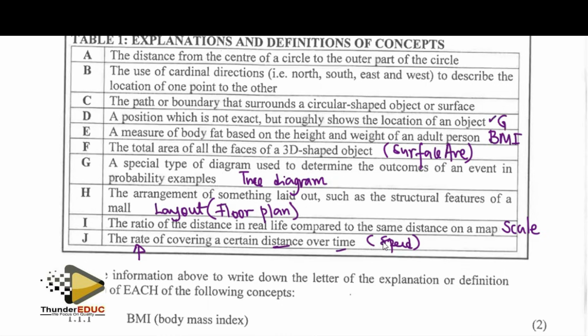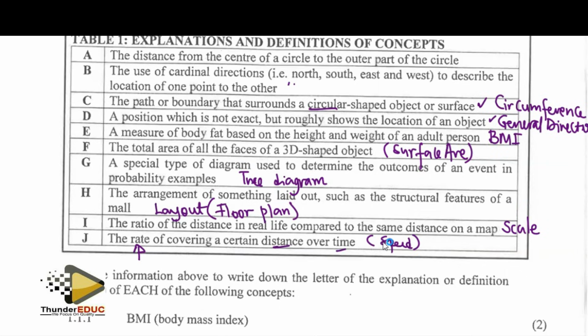This could be general direction. The path of this is supposed to be circumference, because we are looking at a circular shape. So here we have circumference.